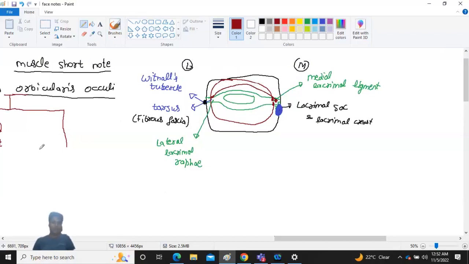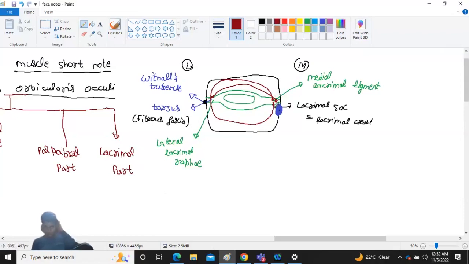The second part is the palpebral part. Done. And the third part, which is the innermost, is called the lacrimal part. It is present here.